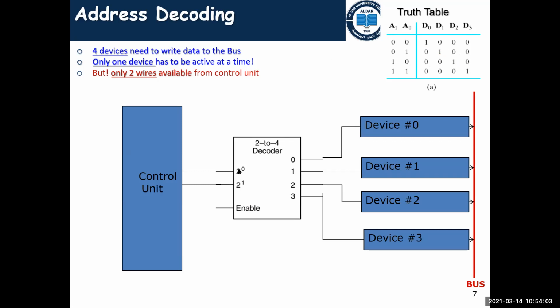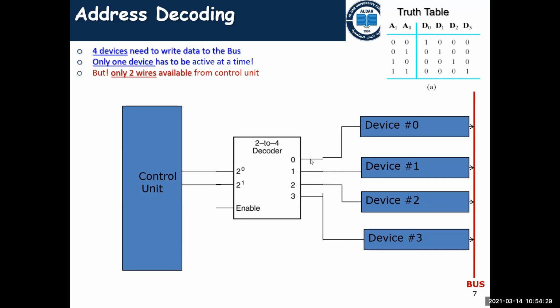For example, here if we have 00, this line will be active, so device 0 will be active. If we have 01, this device number 1 will be active. If we have 10, device 2 will be active. And if we have 11, device 3 will be active. And the others will not be active.